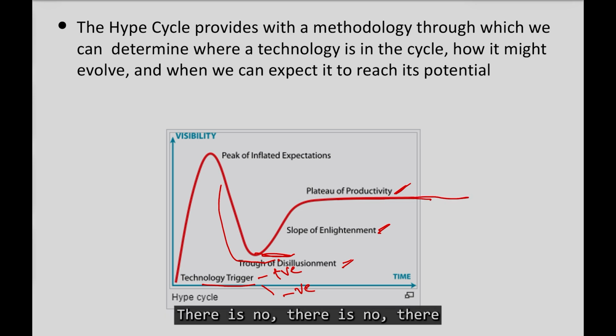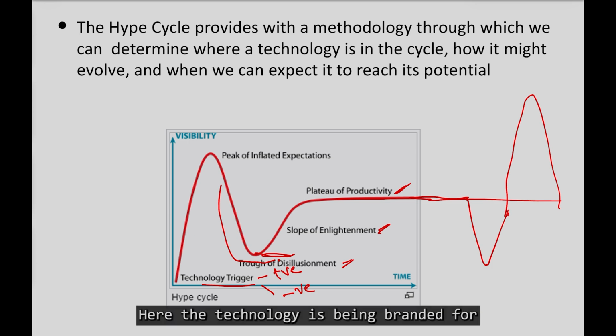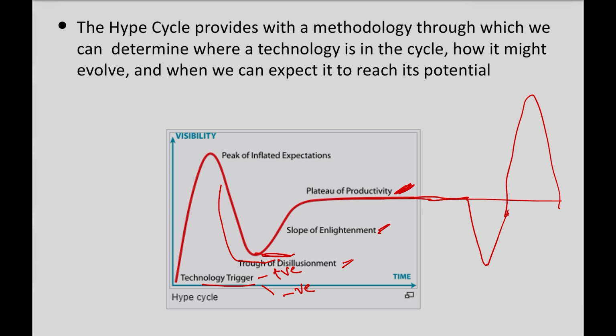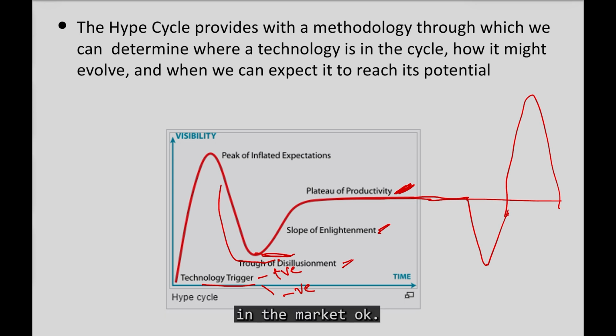There is not a deflection or an inflation, it is just stable. That is called the plateau of productivity. Here the technology is being branded for a particular domain and application. So this is the growth cycle of a technology. This can be applied to many technologies to find out the scope of the technology in the market. Okay, thank you.